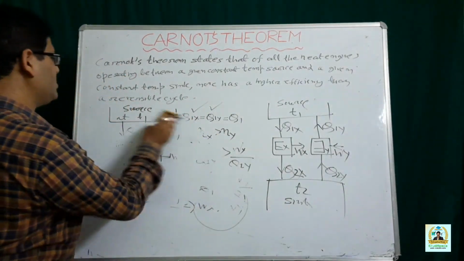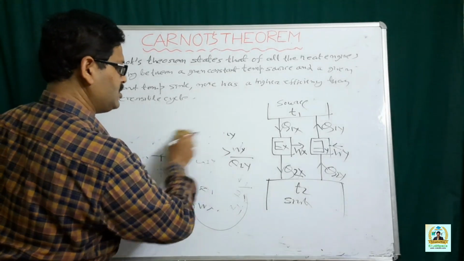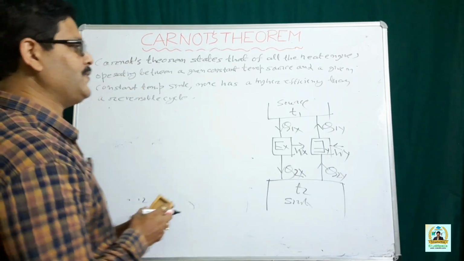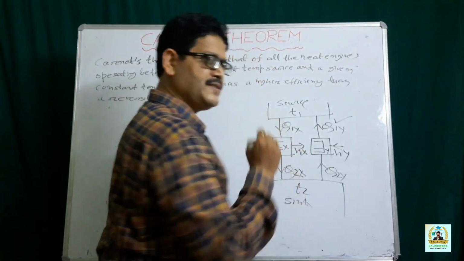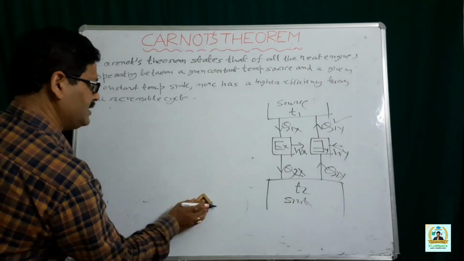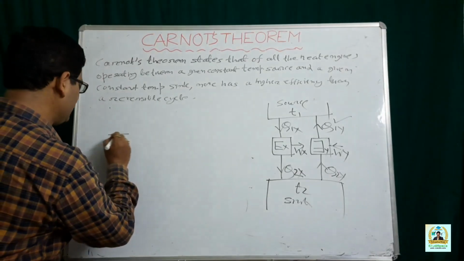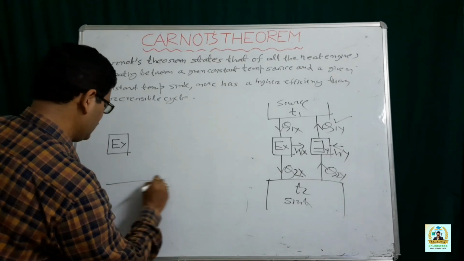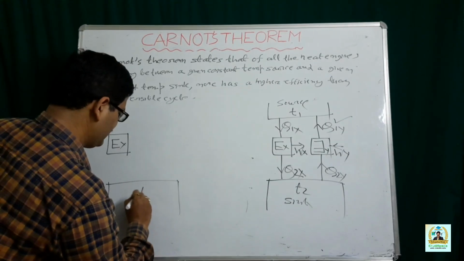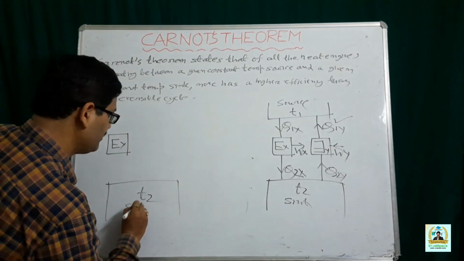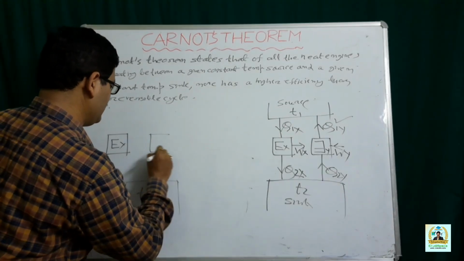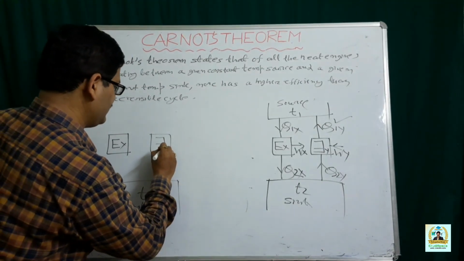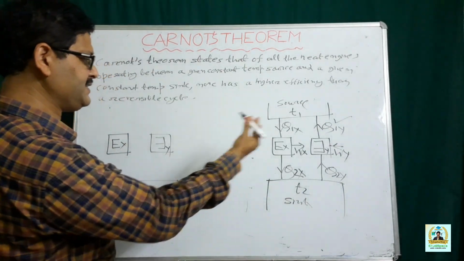Next move, what we can do, we can eliminate the source and directly supply the amount of heat to this. Then what will happen? Here one of the reservoirs is eliminated. You have Ex. You do have the temperature sink T2. You have the reversible one, now the reversed heat engine because it is reversed.